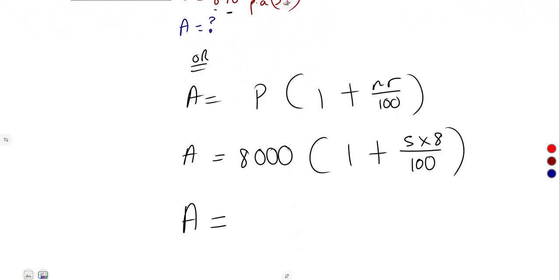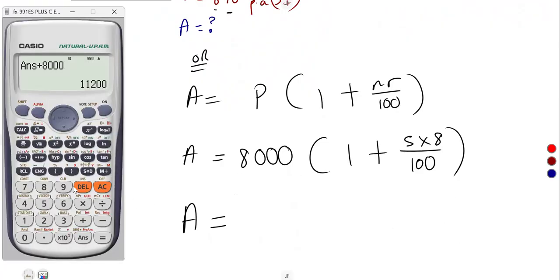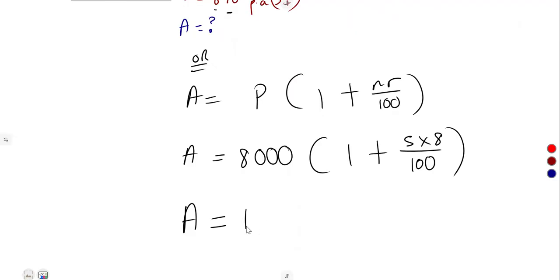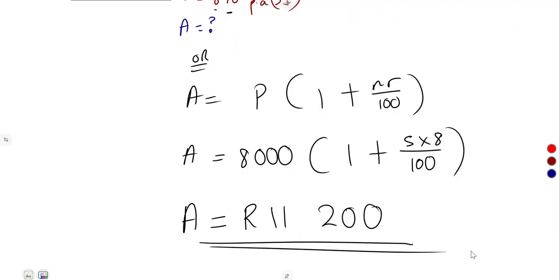So 8,000, open bracket, 1 plus a fraction: 5 times 8 in the numerator, then 100 in the denominator. Then close the bracket. It's going to be 11,200, just like what we obtained before. We obtained the same answer, 11,200.